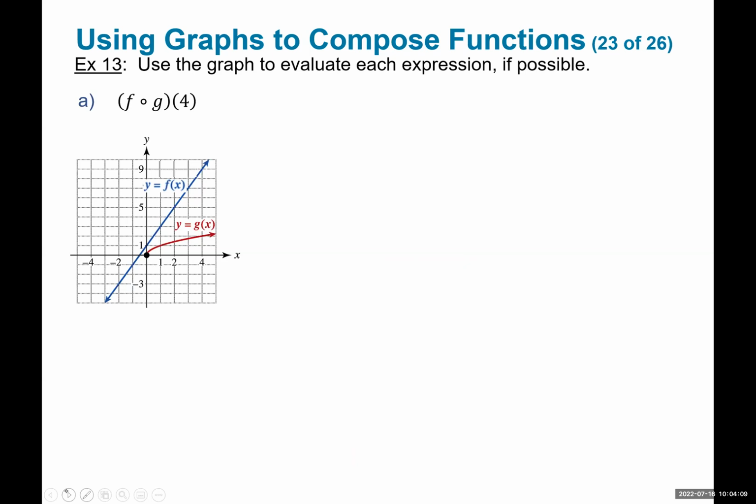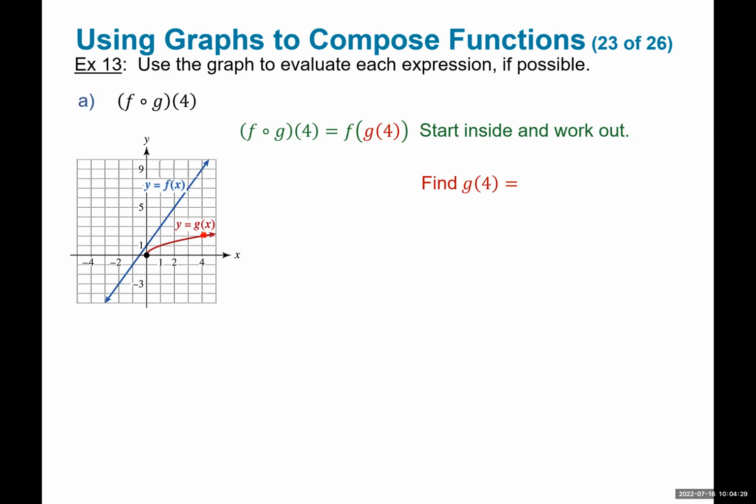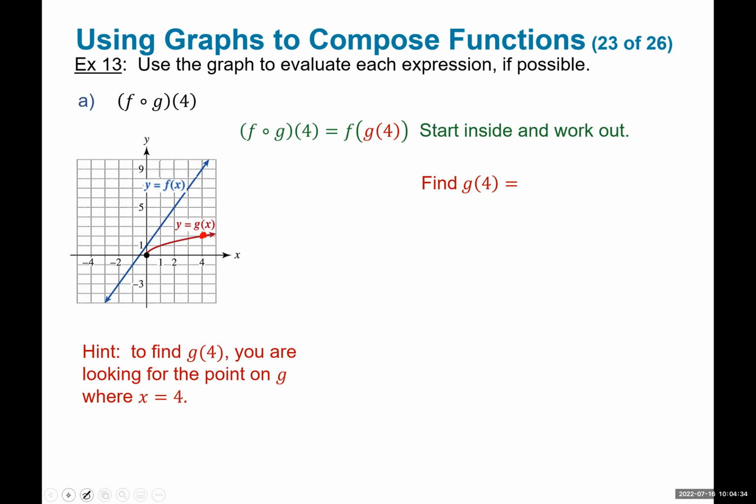Okay, now using a graph, can we evaluate the composition? So f of g of 4. So the first thing we're gonna do is find g of 4, and then plug it into f. So you're not doing the same line anymore. You're kind of working your way around the graph. So what is g of 4? g of 4 is 2. Okay.